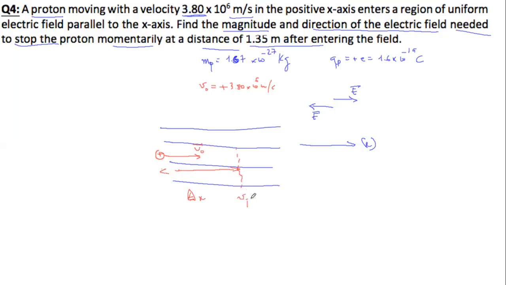So v final is 0 when it momentarily stops. When it stops, it will then return and go back. Delta x is this distance here, and it's equal to 1.35 meters.